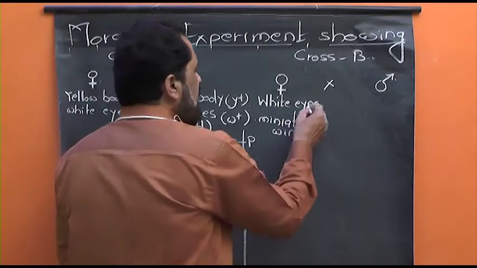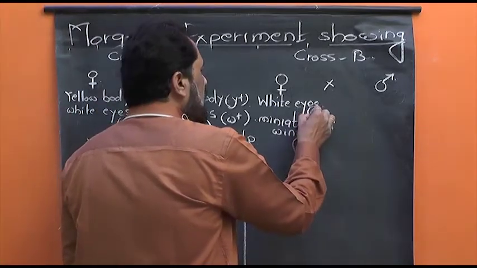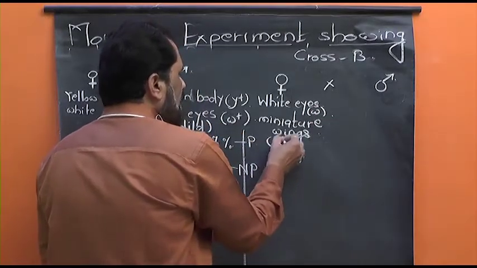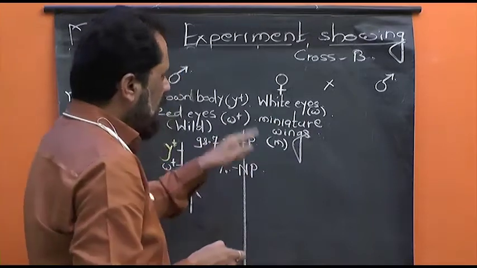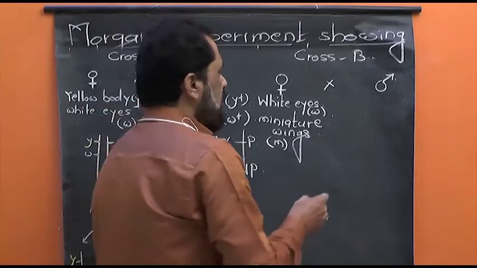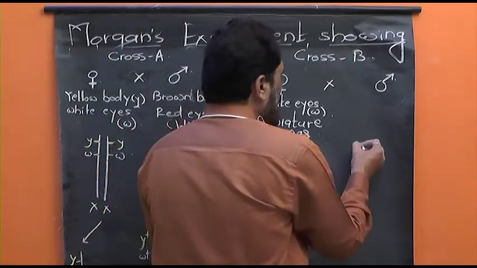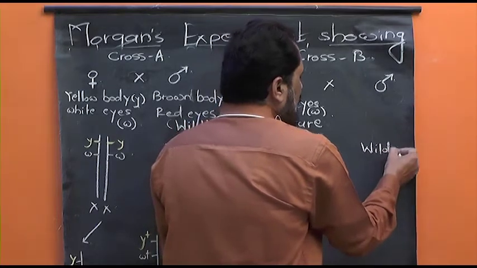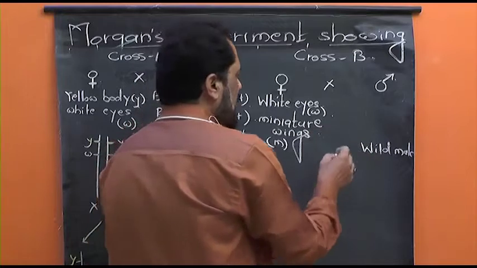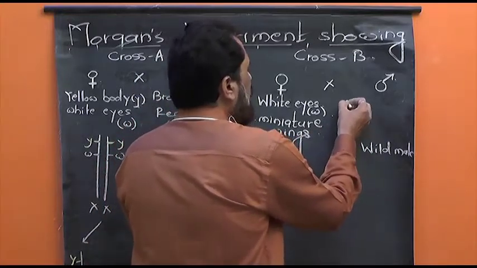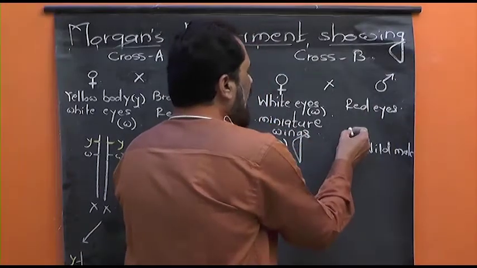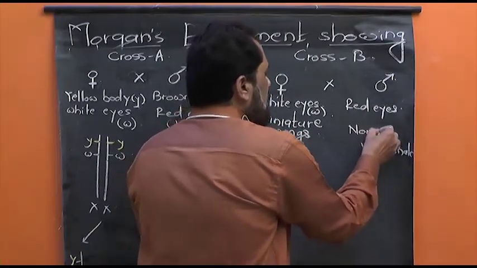White eyes, this trait is controlled by gene W, and miniature wings by small m. And this double homozygous recessive female crossed with wild male. Wild male means the male in which both the traits are dominant. That is, with, we can say, red eyes and normal wings.